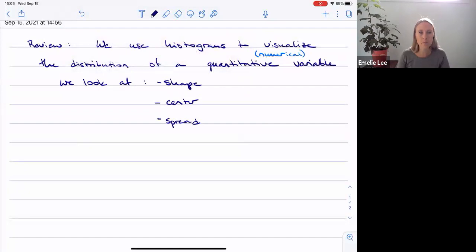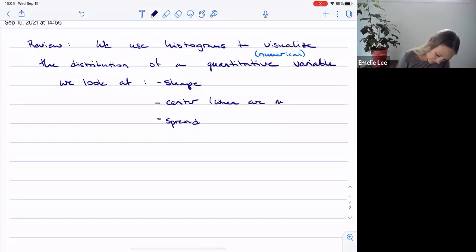So we'll start with the shape, then the center, which is really just asking where most data are located.